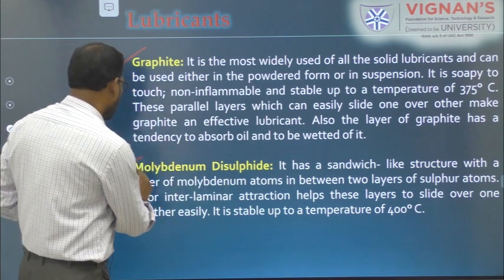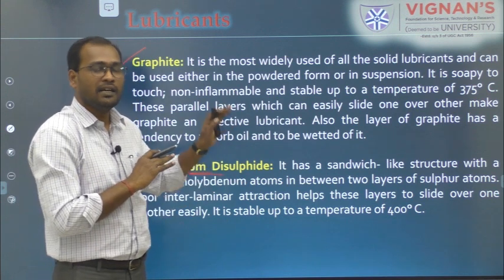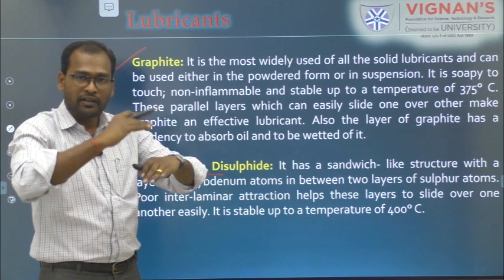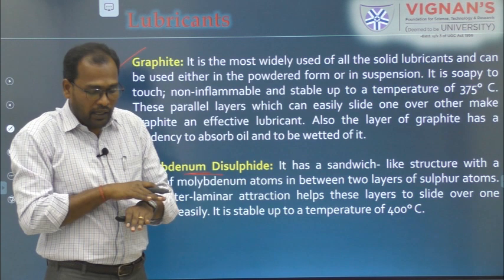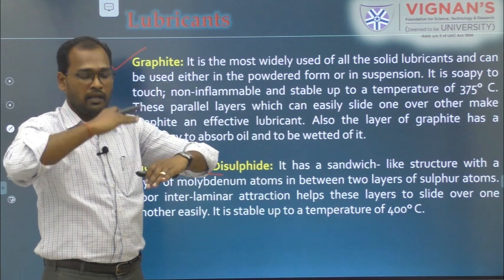The other example is molybdenum disulfide. It has a similar structure to graphite, the only difference is that the layer is a kind of sandwich layer. One layer will be molybdenum, the other layer will be sulfur, and the other layer will be molybdenum, right. So it has molybdenum, sulfur and molybdenum.